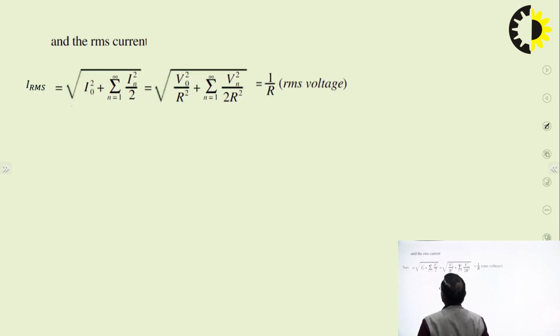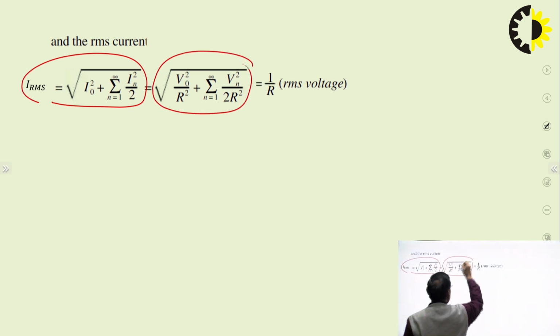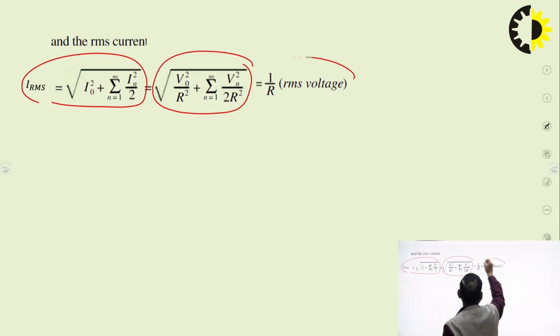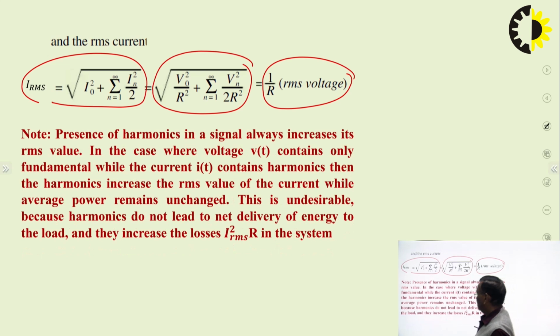Similarly, we can calculate the RMS current. We can write it in terms of the RMS voltage, so IRMS is equal to VRMS upon R. So, what is the significance?